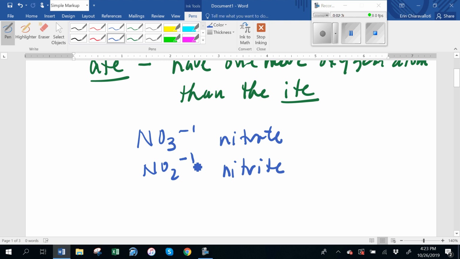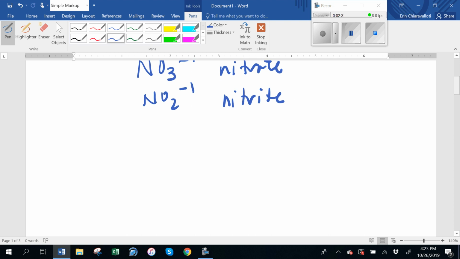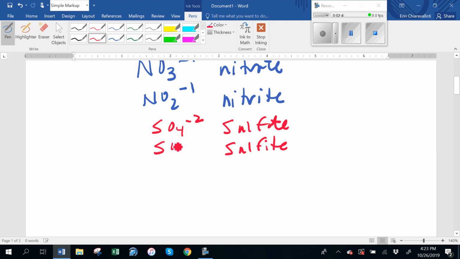Notice it's just the number of oxygens that changes, but the sign stays the same. And another family that would be similar would be sulfate. That would be SO4 minus 2. And then sulfite would be SO3 minus 2. So if you know the ATE, then you know the ITE.